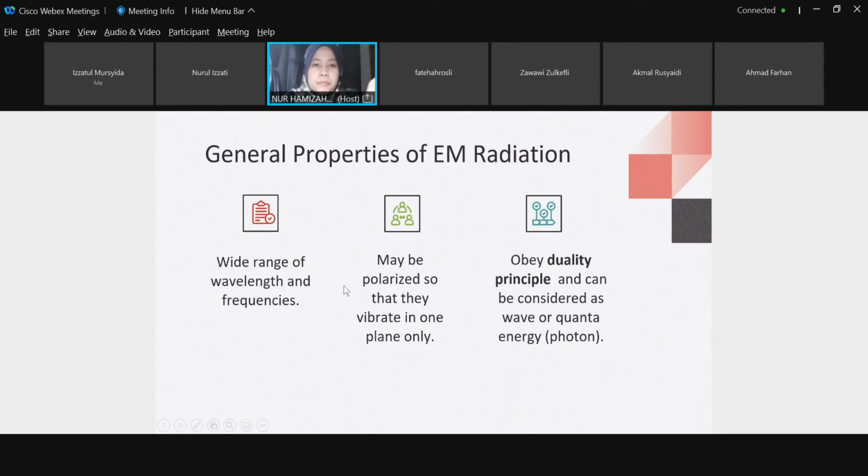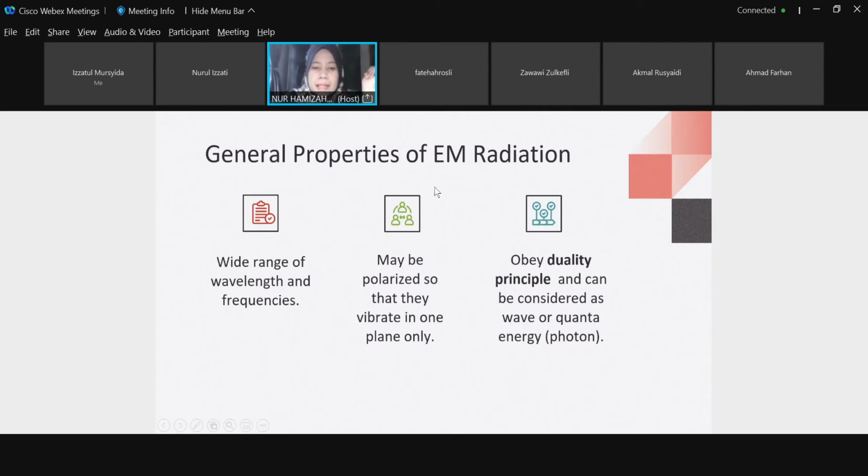These EM radiations have a wide range of wavelength and also frequency. If you still remember, there is a spectrum of electromagnetic radiations, so they have a wide range of wavelength and frequency.